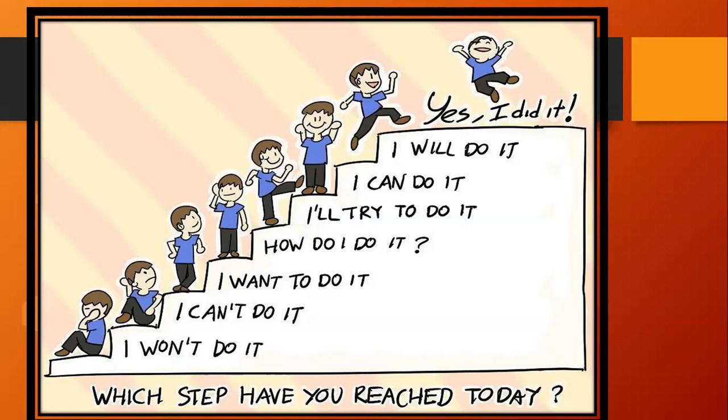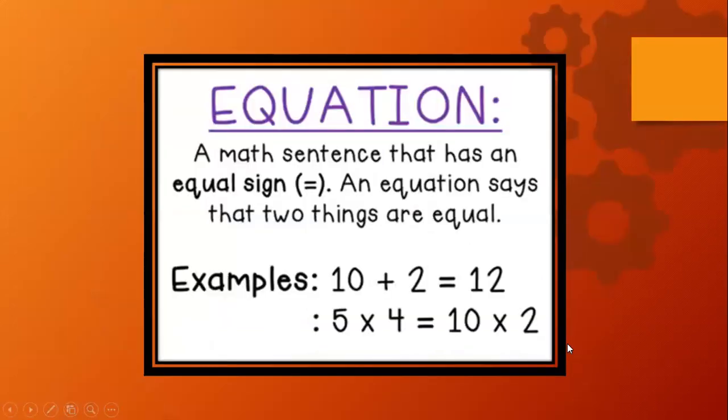So it's you who have to decide on which level of learning you are standing. Before starting this lecture, we all must tell our minds that yes, we can do it and I will do it. So let's move on to the next slide.